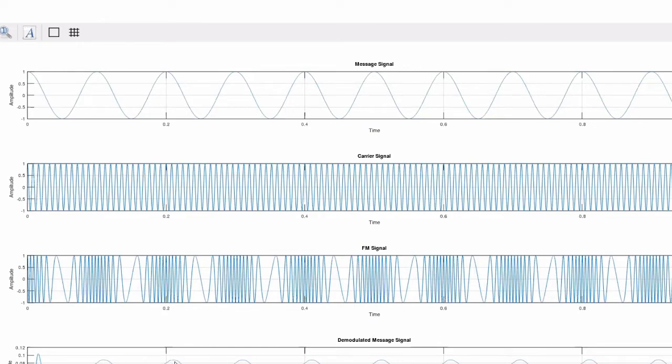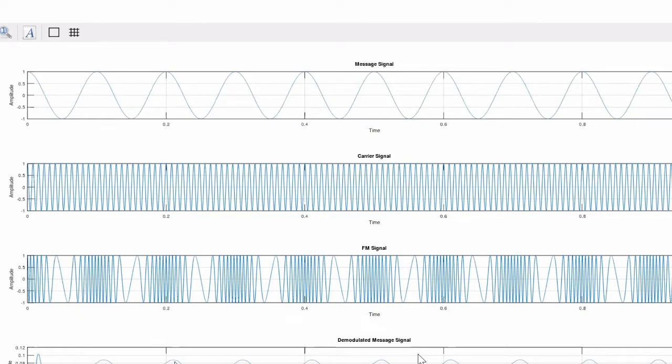Now let me address the first part. The message signal and the demodulated message signal are not looking exactly the same. There are some anomalies or small fluctuations, and the amplitude is also not the same as the message signal.